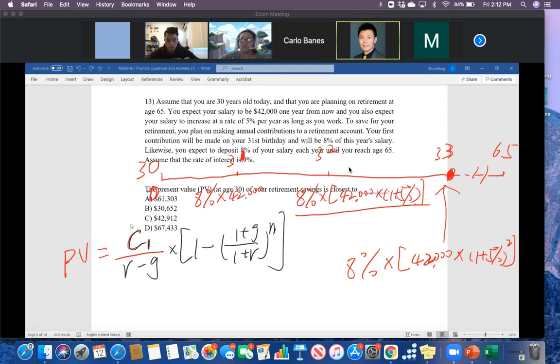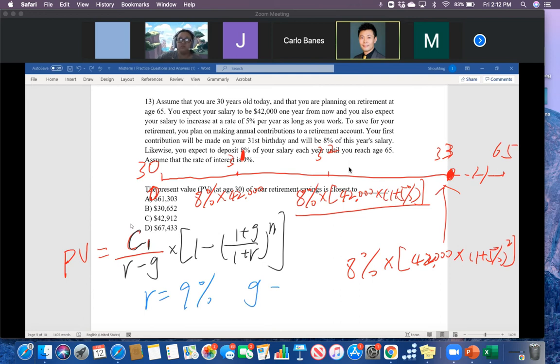Okay, so we already know a lot of information. We already know the discount rate equals, given information, 9%, the growth rate equals 5%, right? We already know they are 35 years. The only thing we didn't know actually is C1.